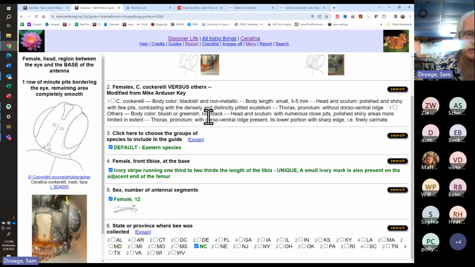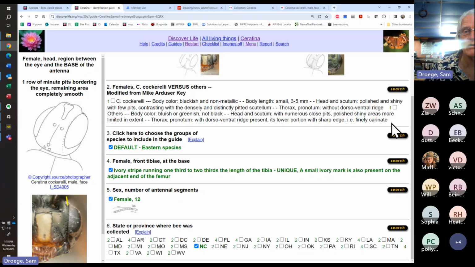And the others, so these would be all the other eastern species of the different subgenus, that has a color that's bluish or greenish, and the head and scutum, lots and lots of pitting and not shiny in between, or not much shiny. And then the pronotum with the dorsal ventral ridge present, its lower proportion with the sharp edge, i.e., according to Mike, finely carinate.